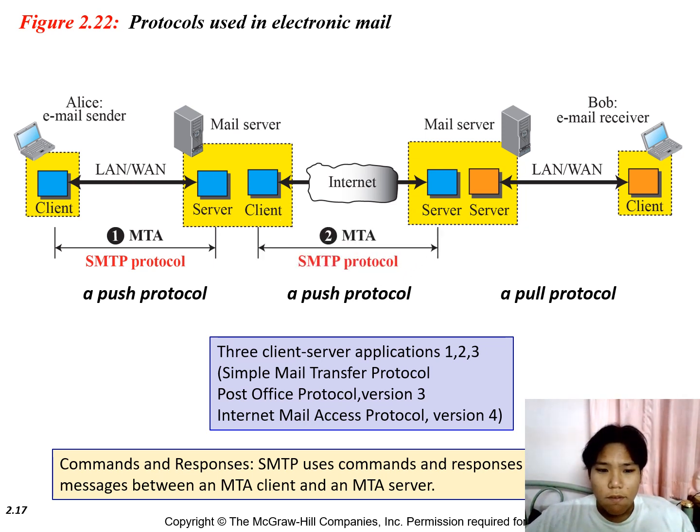Then for a push protocol we use the SMTP protocol again, and for a pull protocol we use the POP or IMAP protocol. So for the summary, for push protocols we use SMTP, but for a pull protocol we use POP or IMAP.